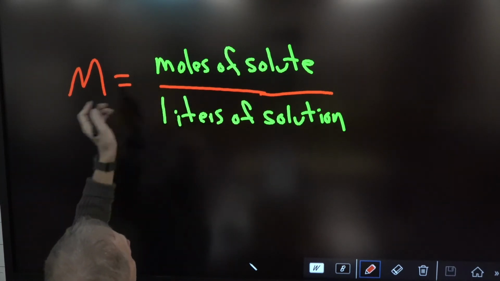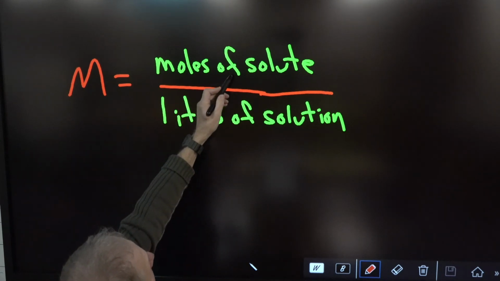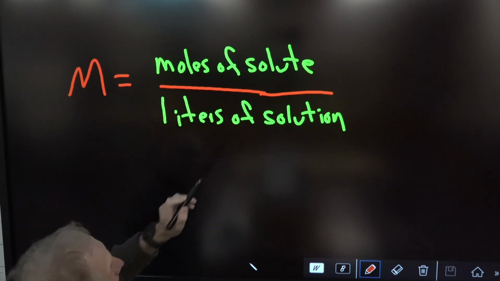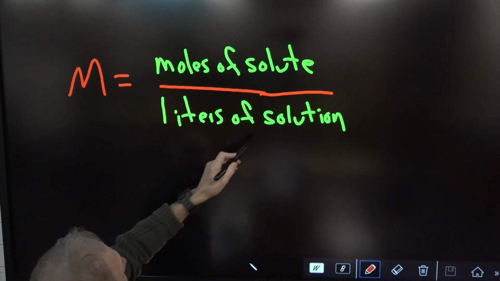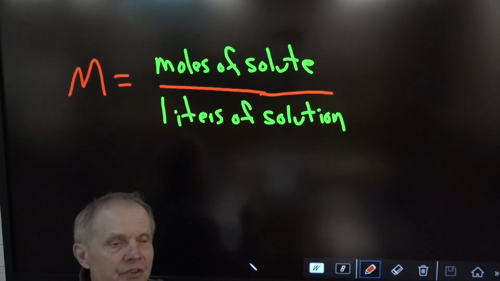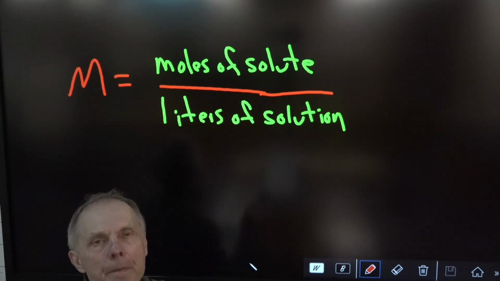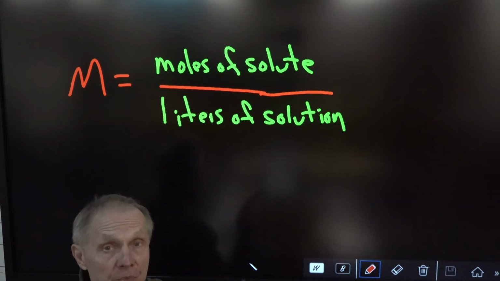So you have to know the relationship. All right, one more time. Direct relationship between the moles of solute and molarity, indirect relationship between the liters of solution and molarity. Okay, so that's it for molarity. The next video will be on parts per million. I hope you understood this.